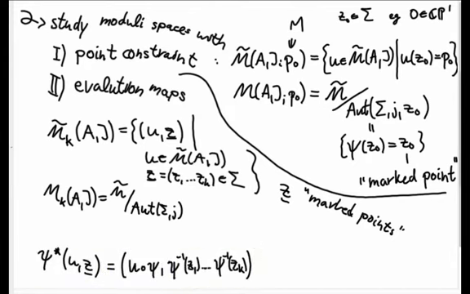So the overall evaluation map here should now take a curve with marked points, and I would like to just evaluate the curve at those points, so let's see whether that makes sense.